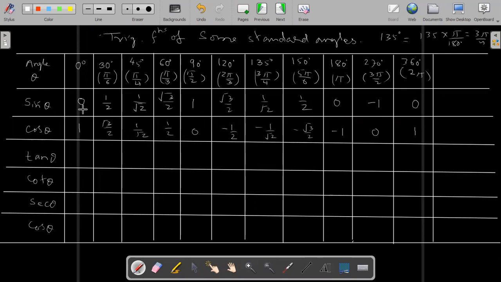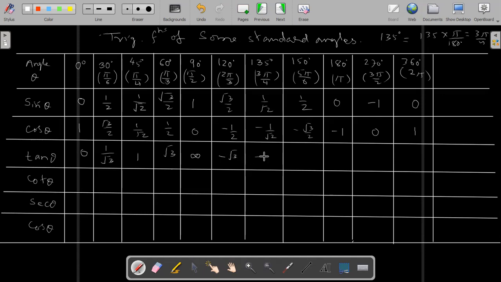Similarly, tan is sine upon cos, 0 upon 1, 0. When you divide this, 2 will cancel, 1 by root 3. Then both cancelled, we get 1. 2 cancel, root 3. 1 by 0 means anything divided by 0, we write infinity. This is called infinity. Okay. Similarly, this will be minus root 3.